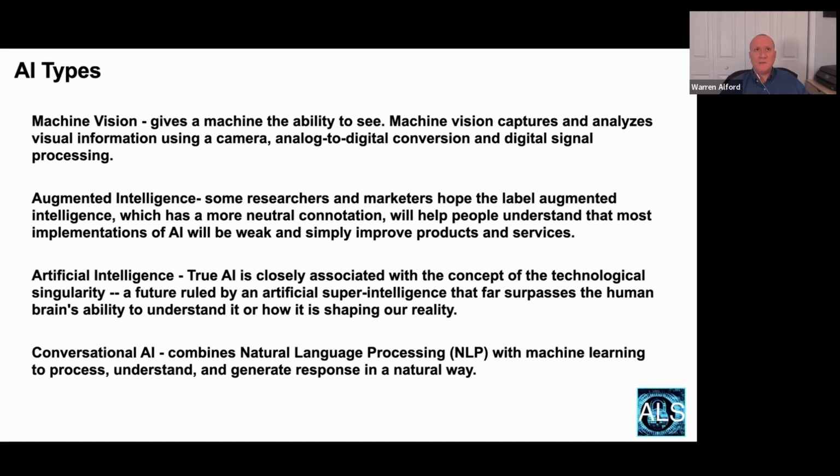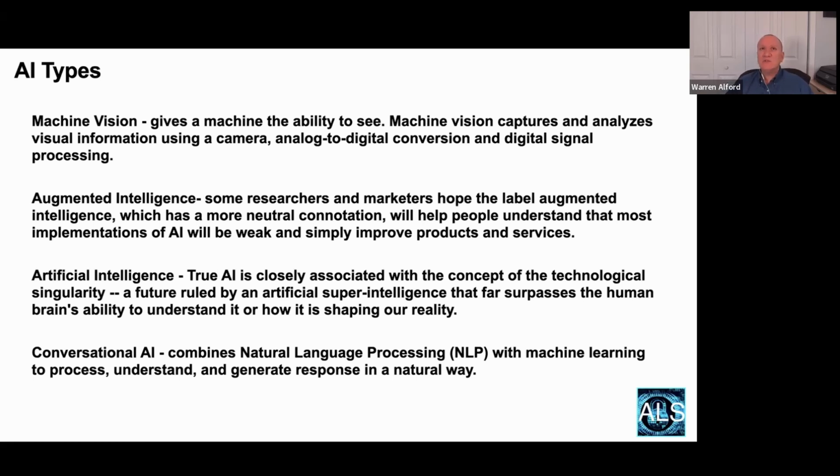Then we have augmented intelligence, which uses a little bit of the input from a human and it picks that information up and it helps to augment what a human is doing. So some examples of this are some of the robotic AI applications that we see out there now.